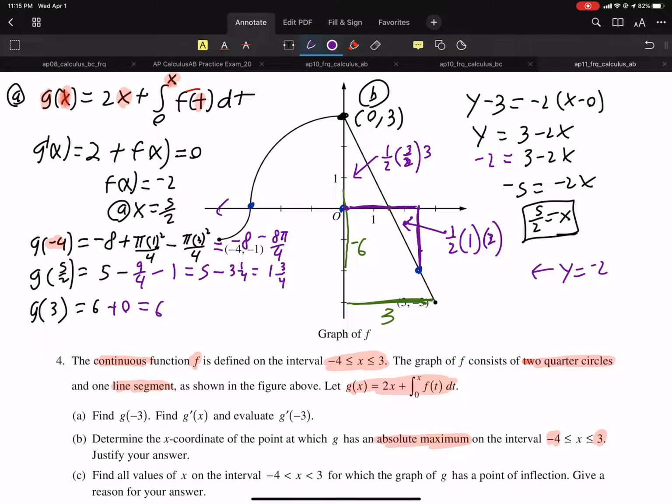Now we're looking for absolute maximum. Why is my brain on drugs here? Something isn't quite right, but let me take a look at what we've done so far.